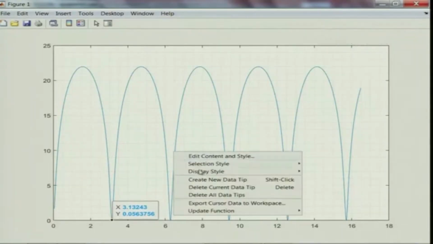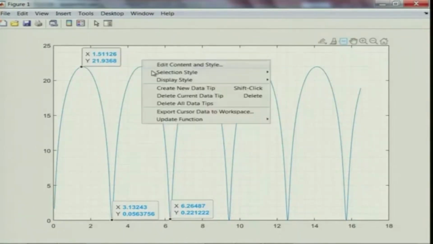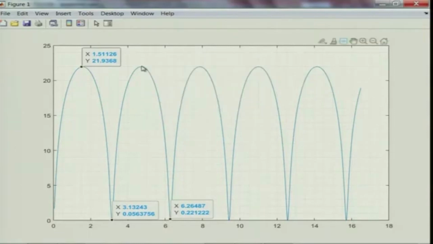We can create another data point and see that this is nearly 2 pi, 6.2 something. Like this we will continue to have 3 pi, 4 pi and so on, and the maximum, the domes, occur at pi by 2, close to 1.57, or 3 pi by 2, and like this we can continue.